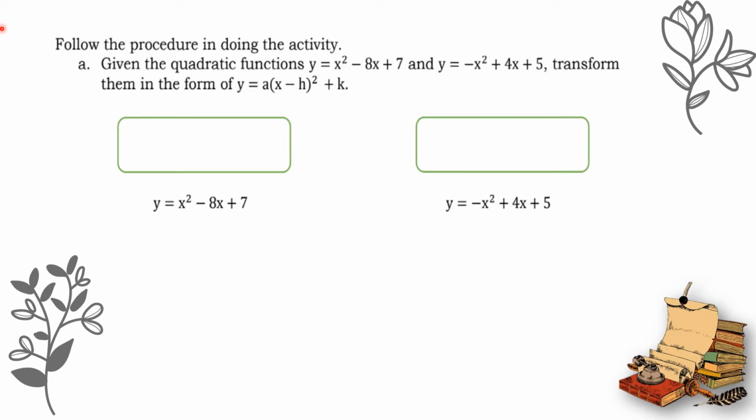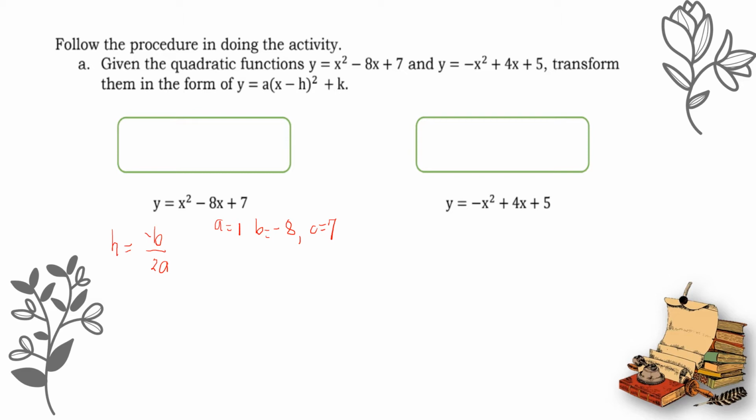So ang formula natin in finding for the h value, h is equal to negative b divided by 2a. So let's identify our real numbers a, b, and c. Our a is equal to 1. Our b is equal to negative 8. And our c is equal to 7.